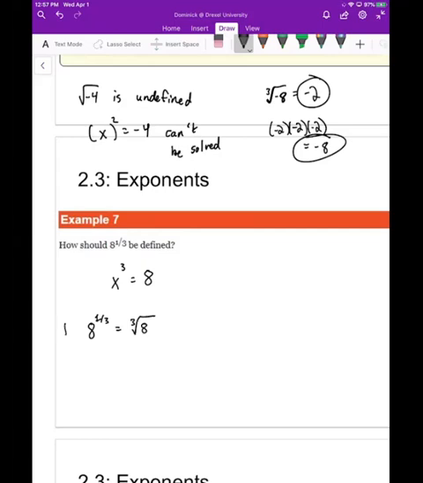I typically prefer this way to do it. It's a little bit more straightforward because this is really just going to give you the same thing. To solve for x, you'd cube root both sides, and then you get that it's a cube root of 8, right? And of course, this is just 2. Why is it 2? Because 2 to the 3rd is equal to 8. Okay, so that's the idea there.